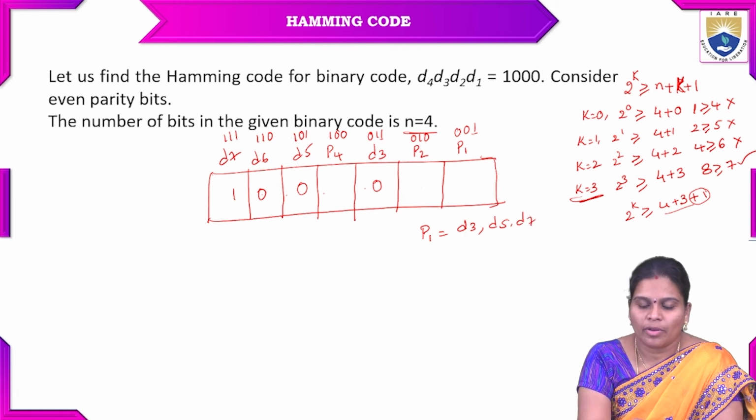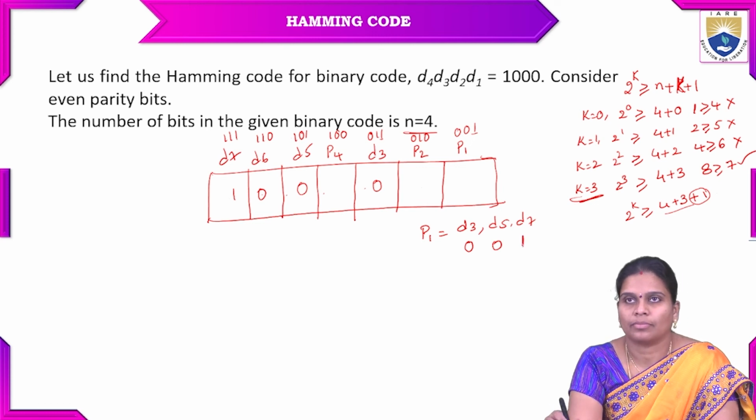D3, D5 and D7: D3 has 0, D5 has 0, D7 has 1.